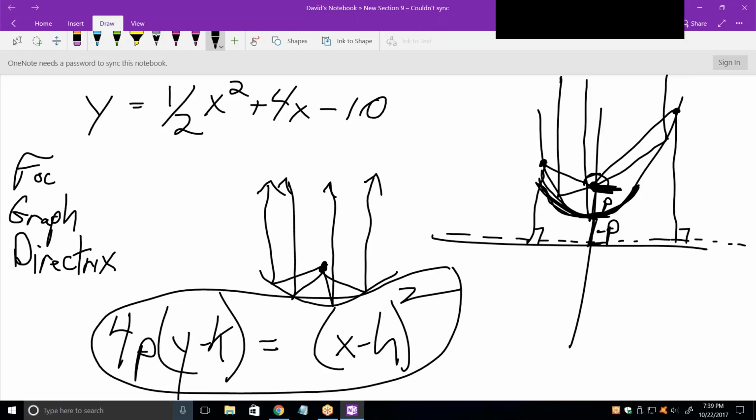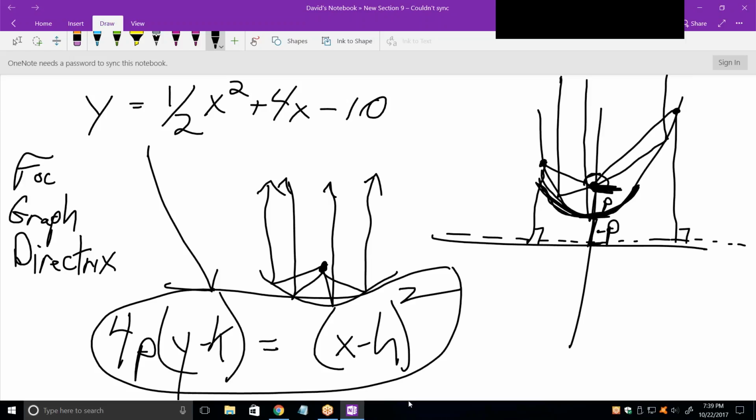The top one. So the original formula has to be rearranged into that? Yeah, if I can get this into that, then I'll know where the vertex is and I'll know where the focus is. And they said they wanted the focus, and I'll know where the directrix is. So I'll know the focus, the directrix, the vertex, how to graph it, everything there is to know about it.